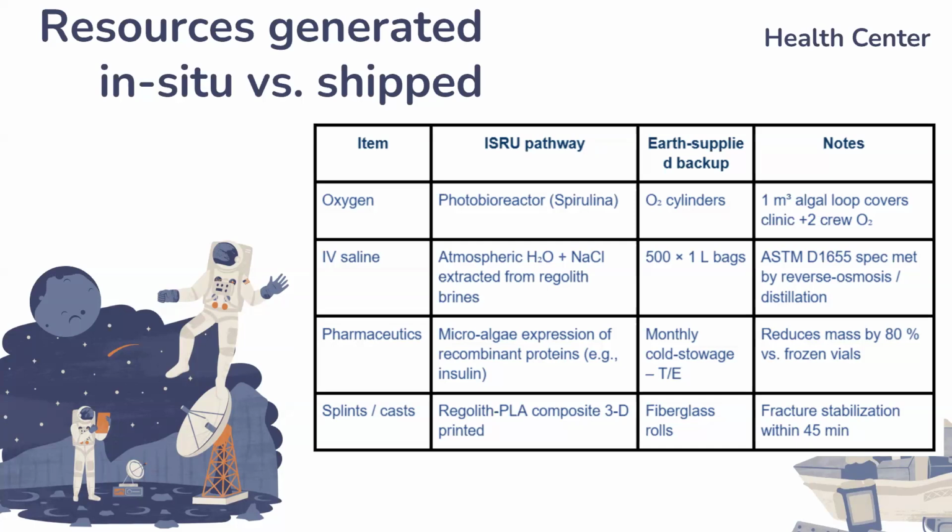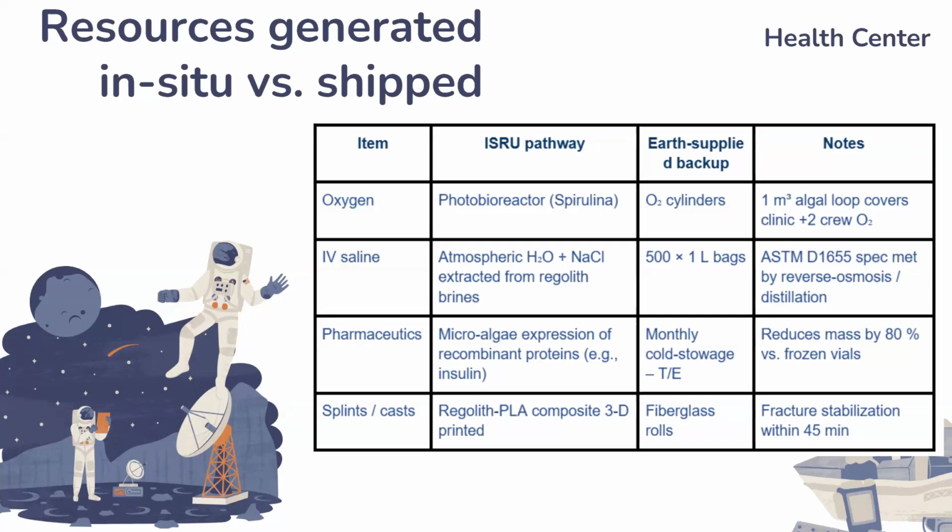Then comes the splint and cast, which can be fabricated via 3D printer using a PLA regolith composite filament. The material will have lactic acid, derived from bioplastic, processed with Martian soil simulant. It's rigid, biocompatible, and can also be sterilized.